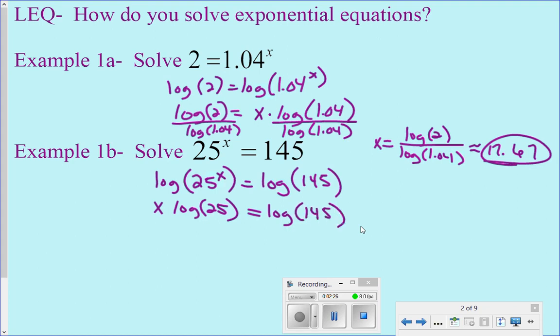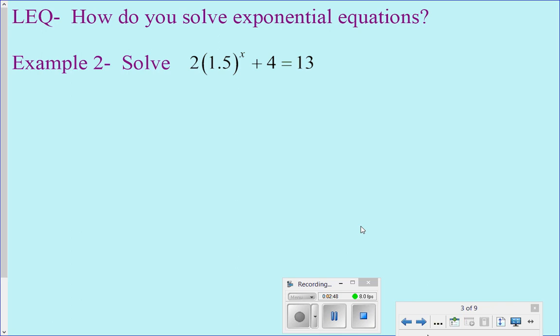And I am trying to solve for x, so I'm going to divide by the log of 25. I have exact answer here, log 145 divided by log 25, and that gives me approximately 1.55. So that's how we do those.